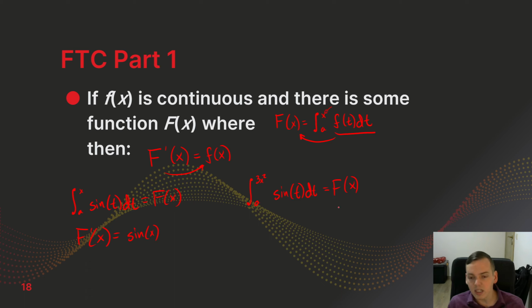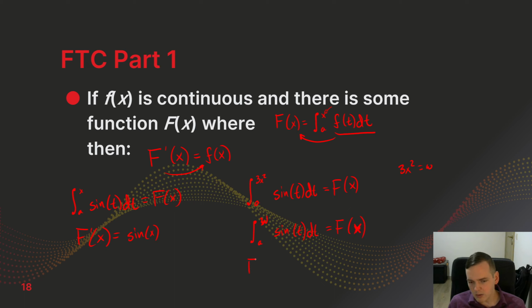So we can get around this by calling 3x squared equal to w. So we can rewrite this as the integral from a to w of sine of t dt, and that's going to equal f of, well, we can still call it f of x, that's fine.